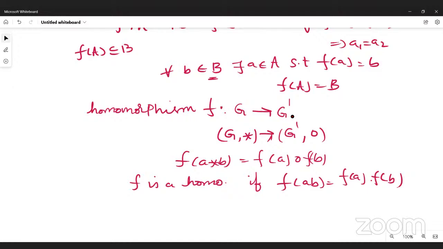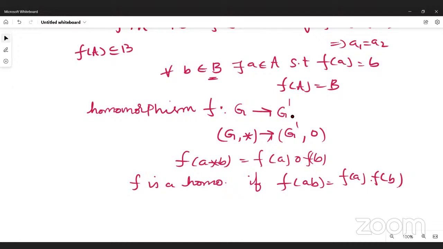Now next one is isomorphism. An isomorphism is a one-one and onto mapping that is also a homomorphism.